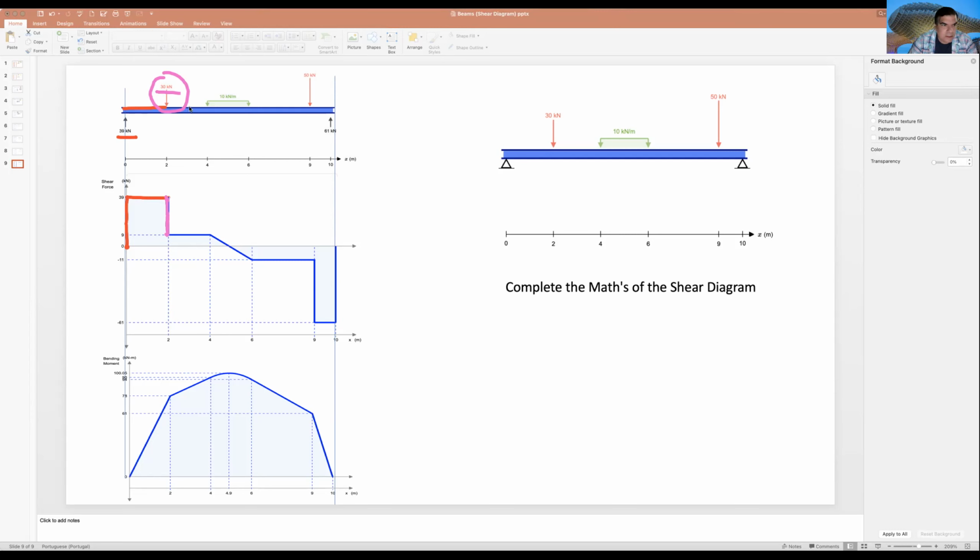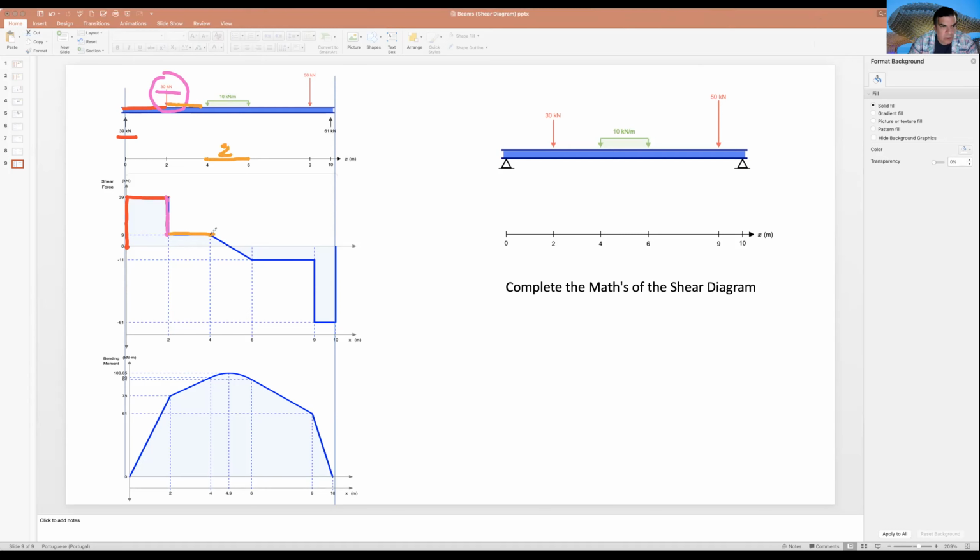Nothing happens here during all this period, so I go straight. We have a force of 10 kilonewtons per meter, it can be 10 pounds per foot, it's the same. During 2 feet, 10 multiplied by 2 is 20. Well, we need to go down 20.